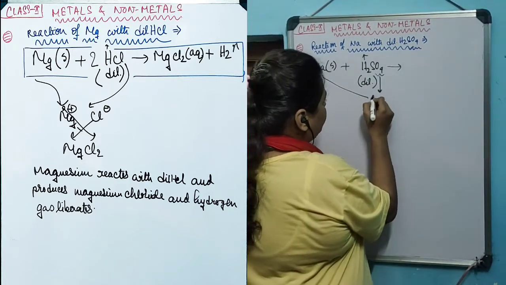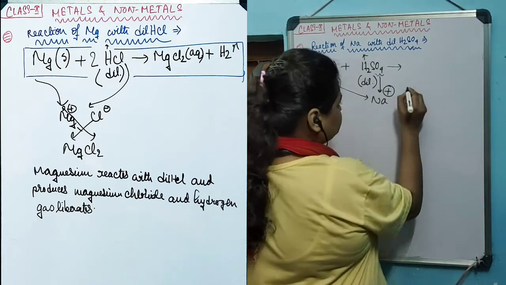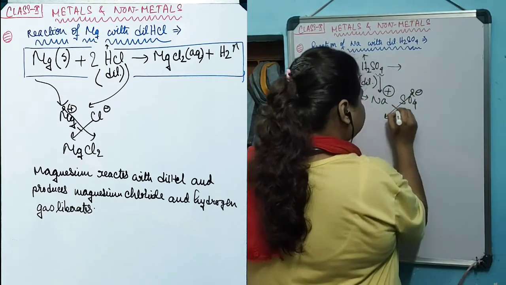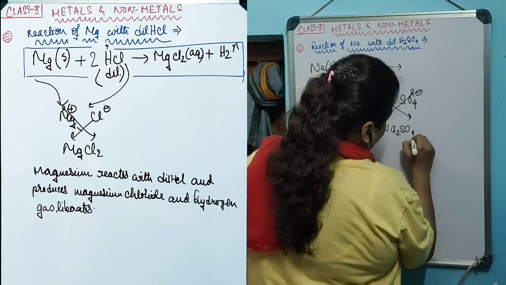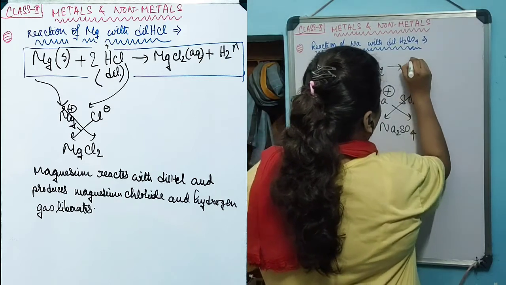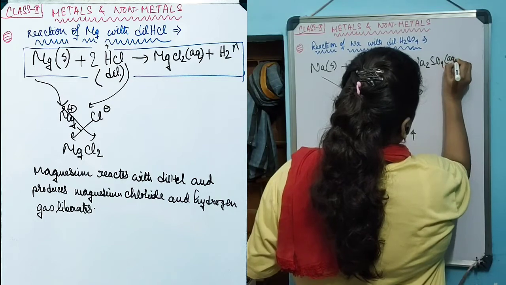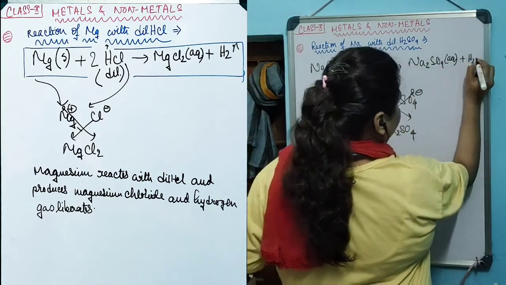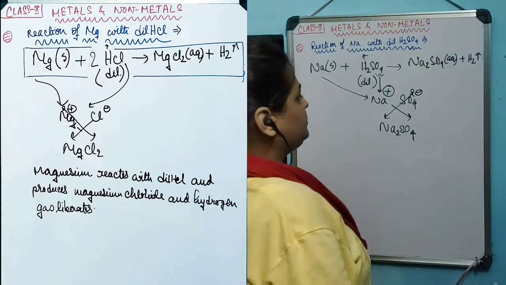So by combining sodium Na plus with SO4 2 minus, the chemical formula of the salt will be Na2SO4, sodium sulfate. So sodium sulfate is going to form in aqueous medium, and as a result, one molecule of hydrogen gas is going to liberate.